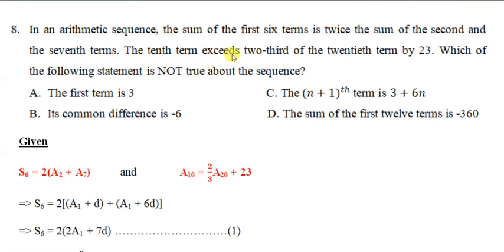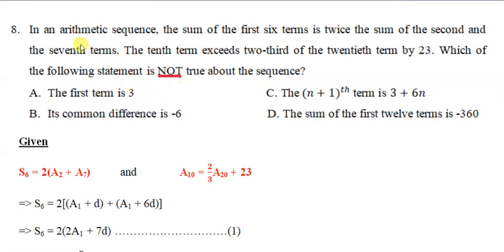The 10th term exceeds 2/3 of the 20th term by 23. Which one of the following is not true about the sequence?